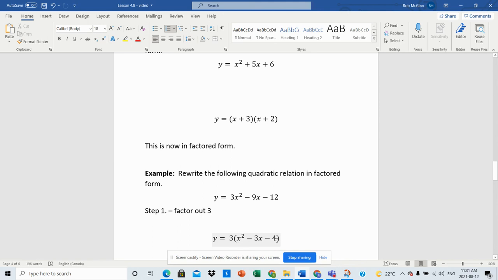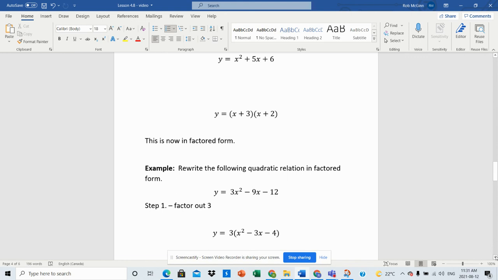Now we want to try and factor the trinomial that's inside the brackets. So x squared minus 3x minus 4. We now have a simple trinomial again. And we know the process for this. We need 2 numbers that multiply to negative 4, but add to negative 3.